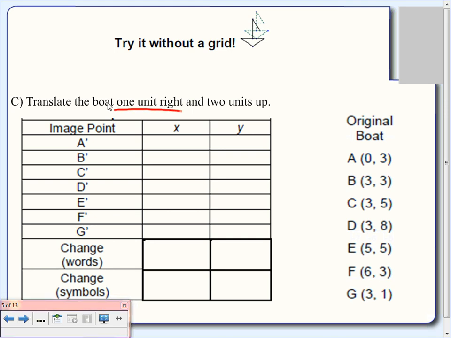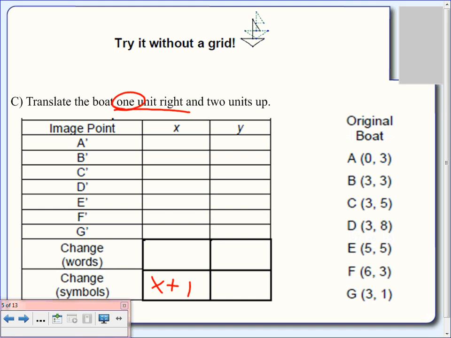We want to move the boat 1 unit to the right. So if I want to move to the right, what's going to change? The X or the Y? X. And since I'm moving to the right, do I need to add or subtract? Add. So right down here at the bottom, I'm going to put down that I'm going to take my X value and I'm going to add to it, how much? 1. So we're moving 1 unit to the right.